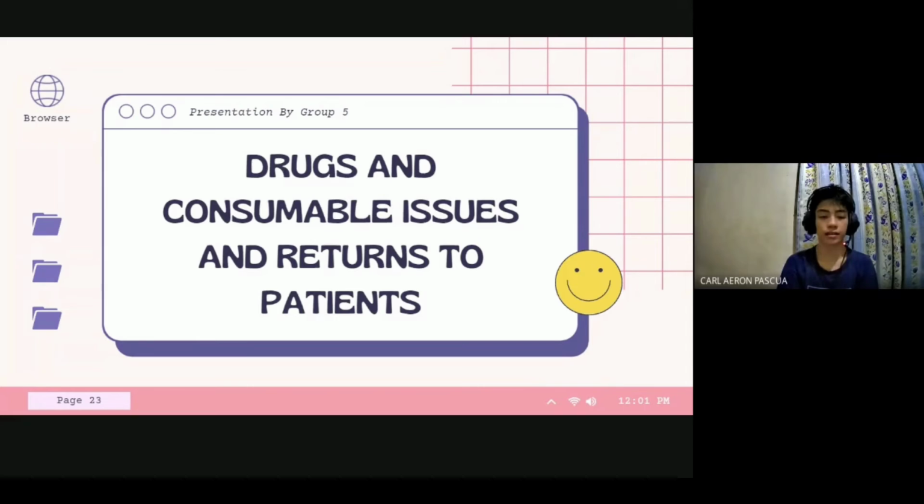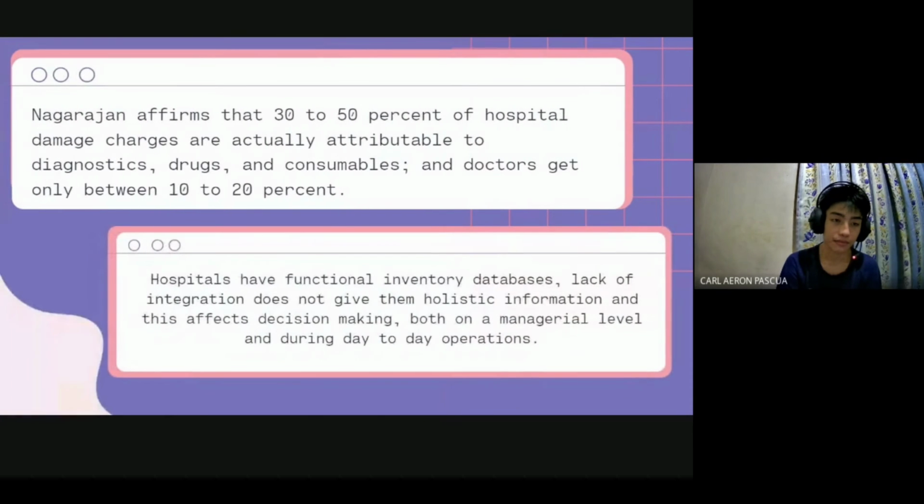So, drugs and consumable issues and returns to patients. According to Nagarahan, 2017, 30 to 50% of hospitals' charges are actually attributable to diagnostics, drugs, and consumables, and doctors get only between 10 to 20%.